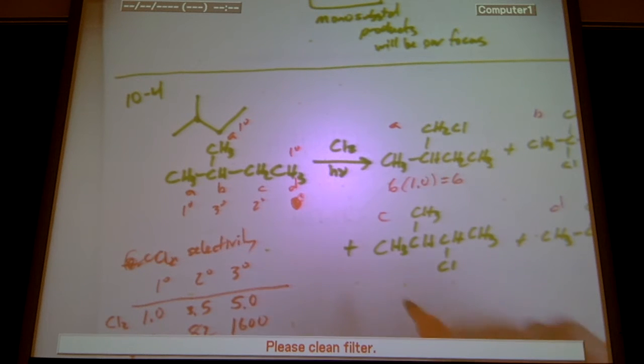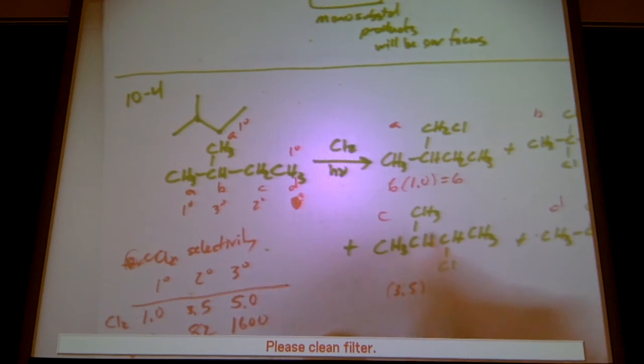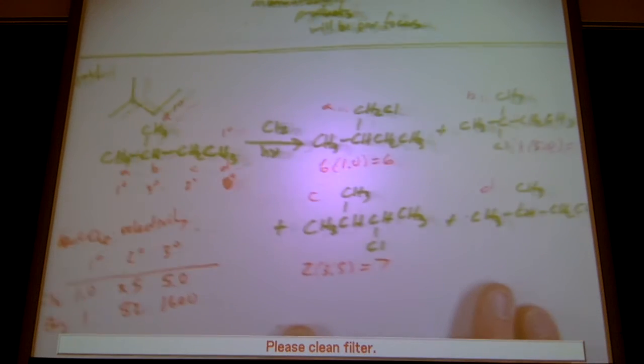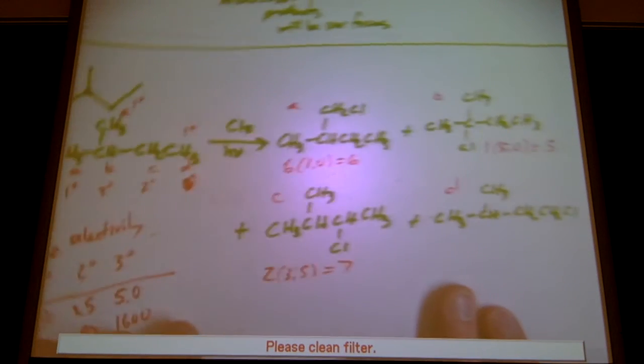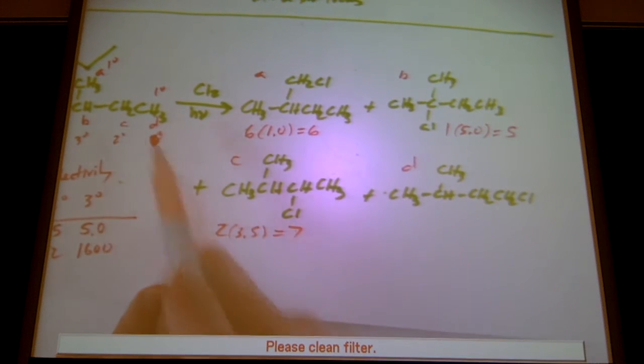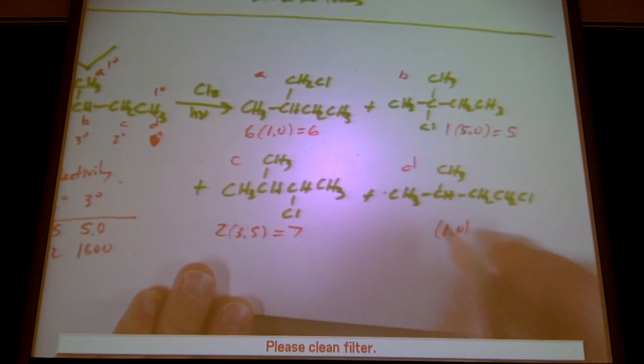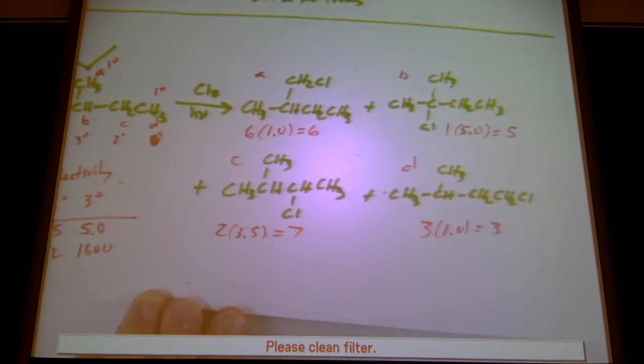If I look at C, it's secondary, so that's 3.5, and I have 2 of those. And then if I look at D, D is also primary, so that's 1, and I have 3 of them, so I multiply it by 3.